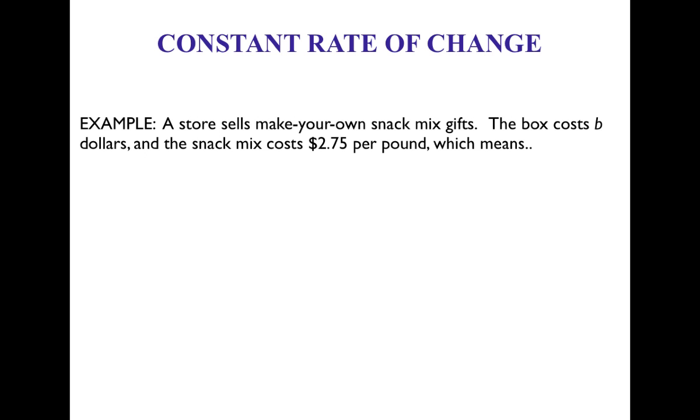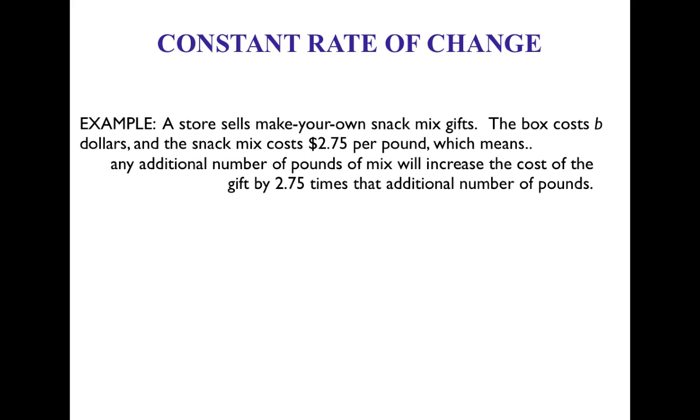That means that for any change in the number of pounds, the cost is $2.75 times that. Okay, yes, the change in cost, right? The change in cost. So any additional number of pounds will increase the cost by 2.75 times that additional number of pounds. Good, okay?